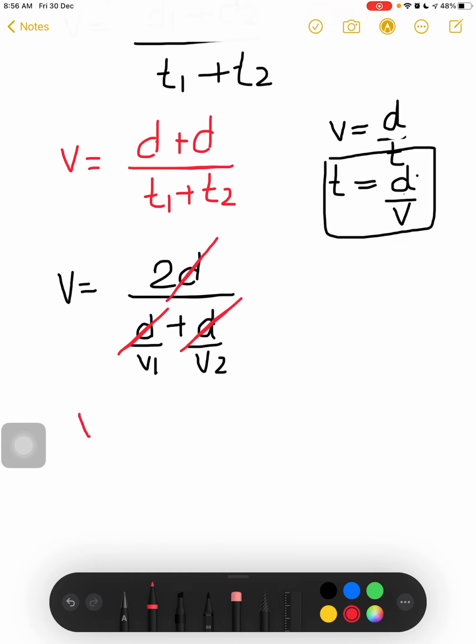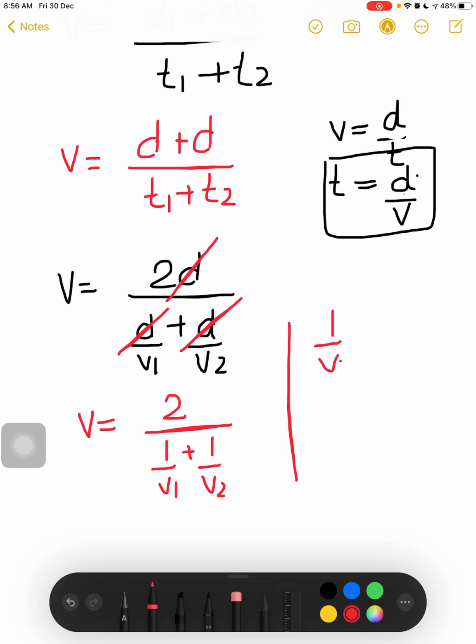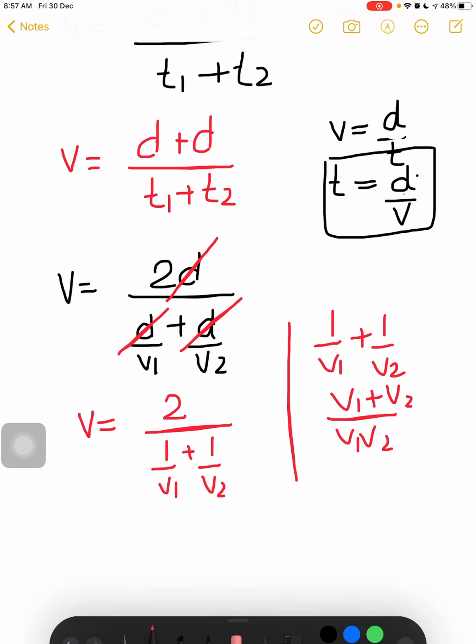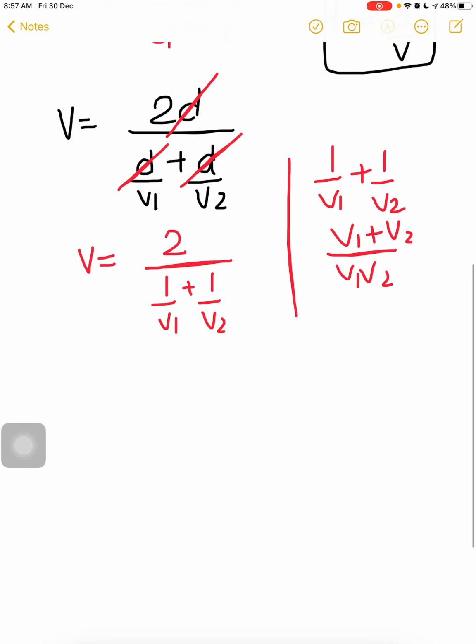Now what is left? V is equal to 2 upon 1 upon v1 plus 1 upon v2. When we take LCM in the bracket, it will be v1 v2, v1 plus v2.